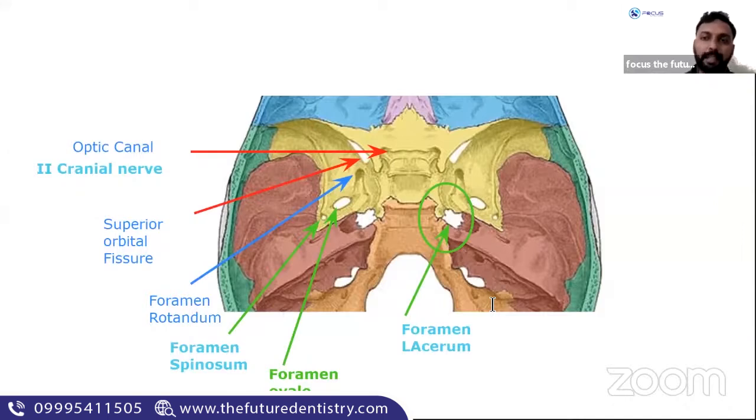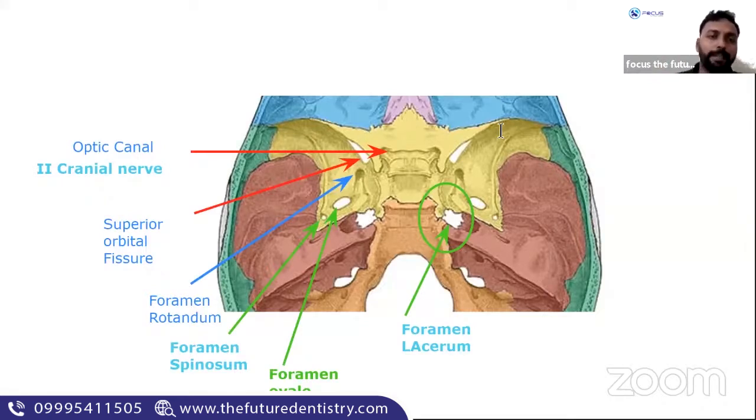Go back to that picture where I showed you the cribriform plate and the olfactory bulb going out through it. Excellent. So that is the first cranial nerve. Now the second cranial nerve is in the optic canal. Through the optic canal goes the optic nerve, the nerve through which your vision is carried back.